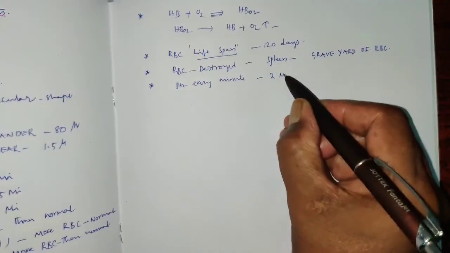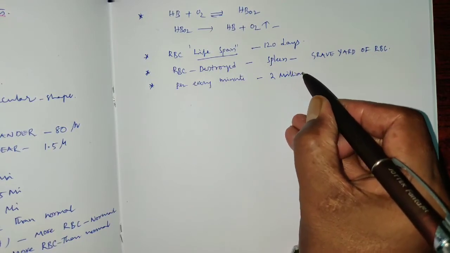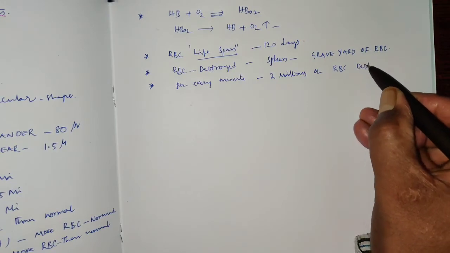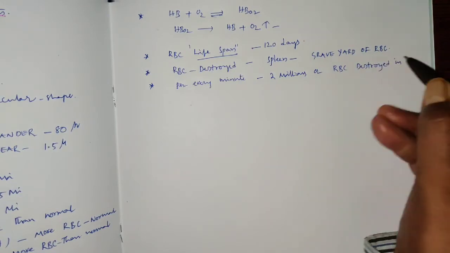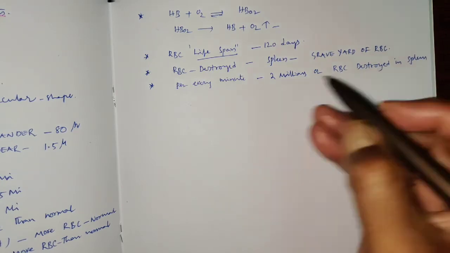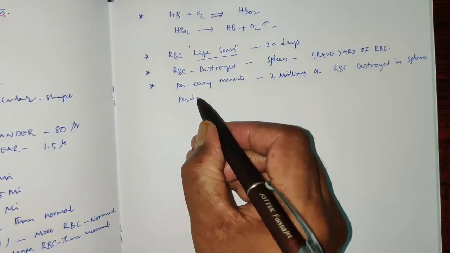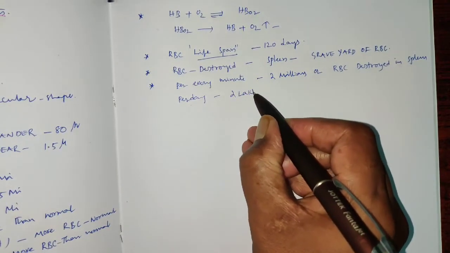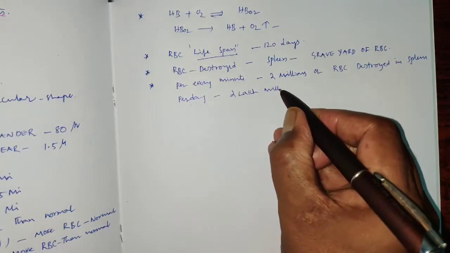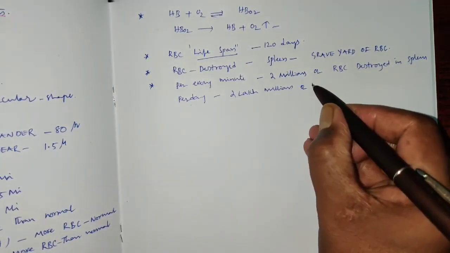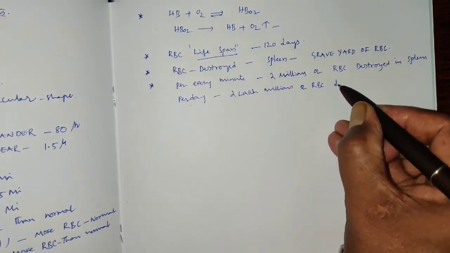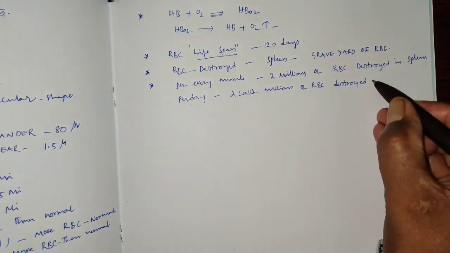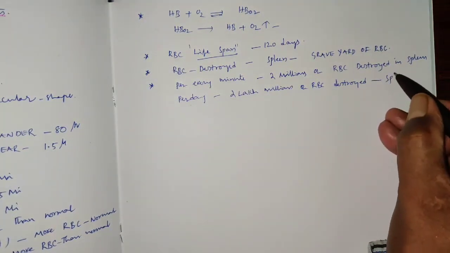About 2 million red blood cells are destroyed in the spleen every minute, and per day about 2 lakh million RBCs are destroyed in the spleen.